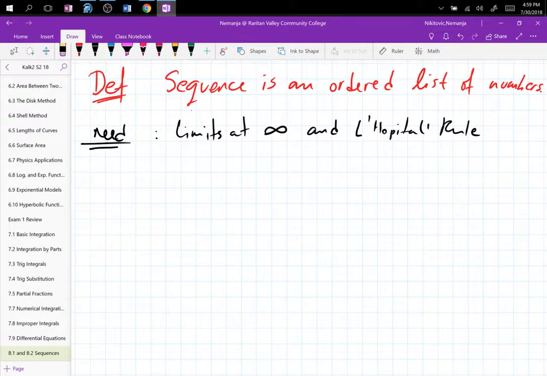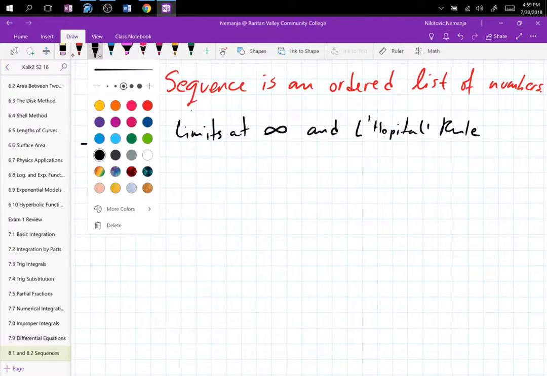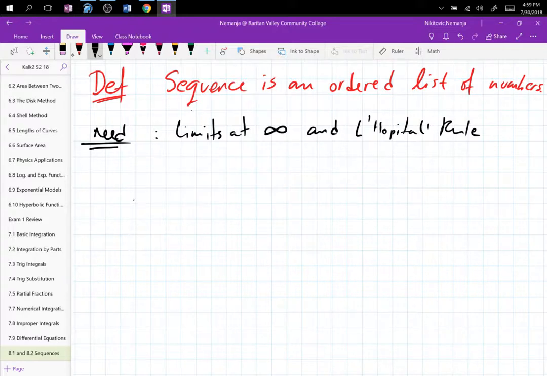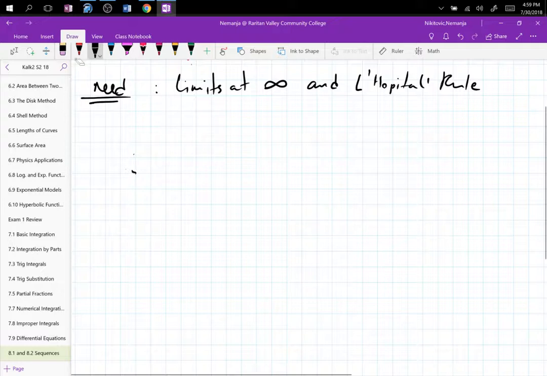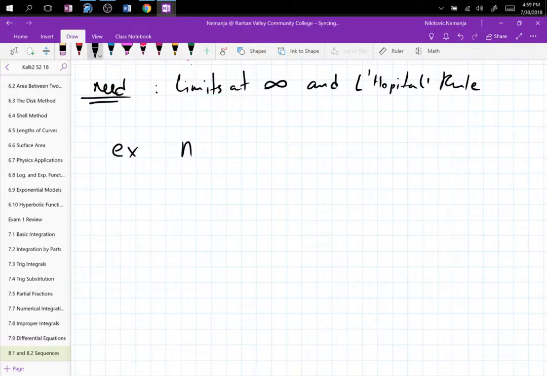So now let's take a look. The first sequence that I could relate to, so we want a sequence, right? An example of a sequence would be n equals 1, 2, 3, 4, 5, and so on.